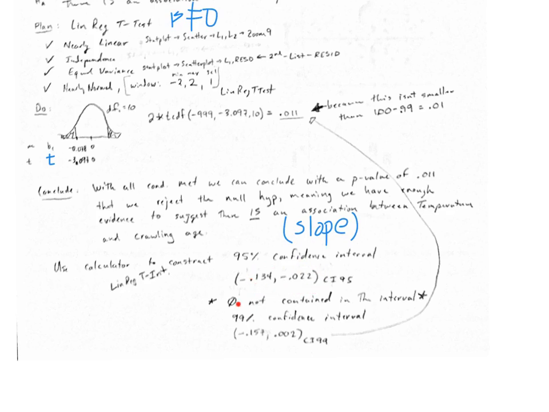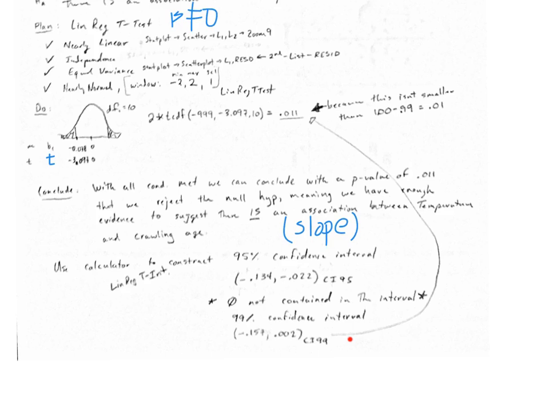Both are negative. 0 is not contained in the interval, so it makes sense that we would reject the null hypothesis with this conclusion. But if we had widened that confidence interval to a 99% confidence interval, then we wouldn't reject.